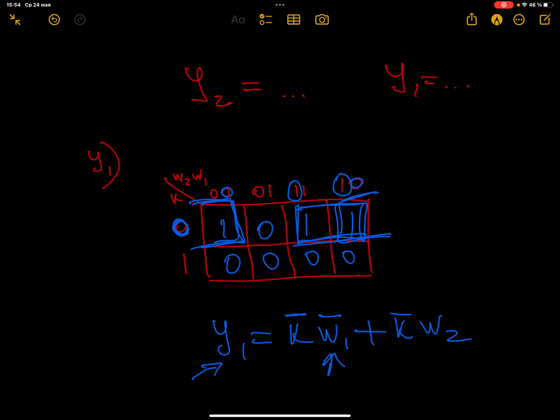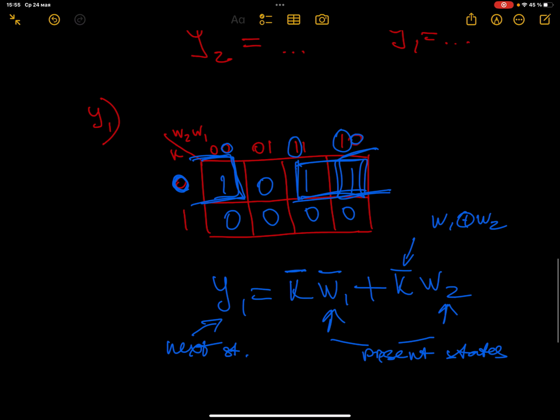This is the present state. This is the next state. This is the present state. And K, you know, is the value of W1 XOR W2. So now, if you have inputs, you can put in W1, W2, K, and substitute, and you may find out the next state.